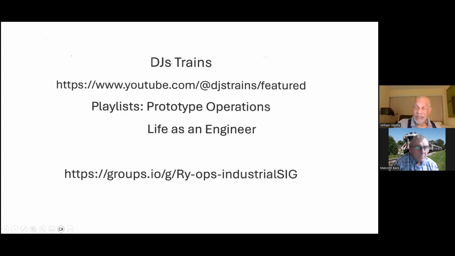And in conclusion, I just want to point out that over the years, I've learned a lot about the railroads and how they operate from the internet. There's been a lot more information than there used to be on the internet, and especially this video by DJ's Trains. This is a man who's had 26 years experience.